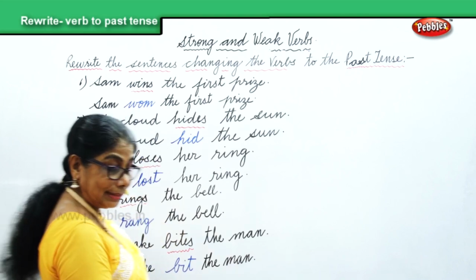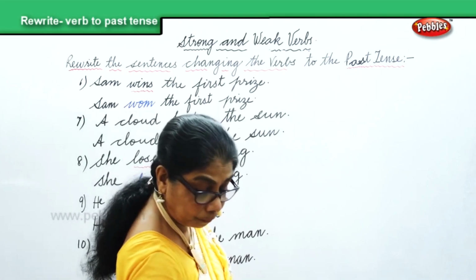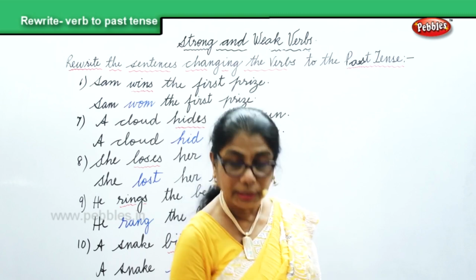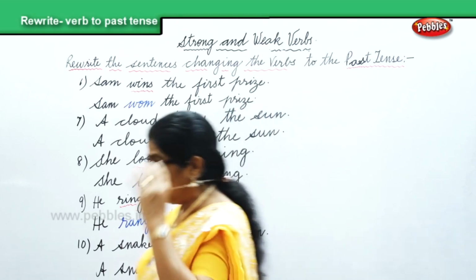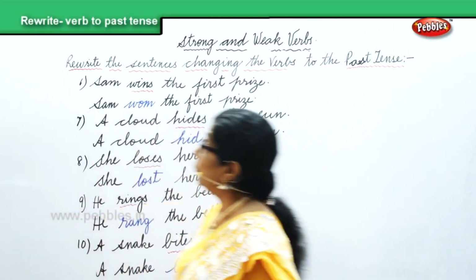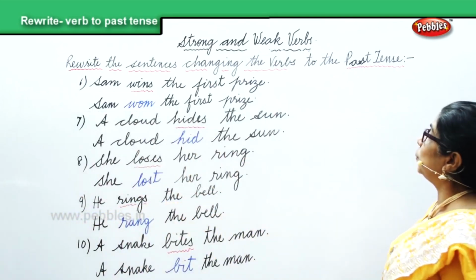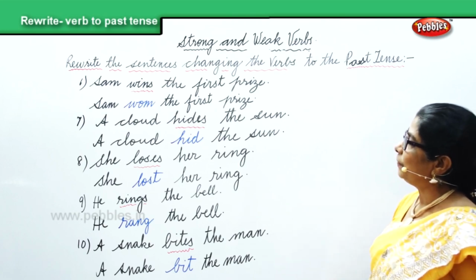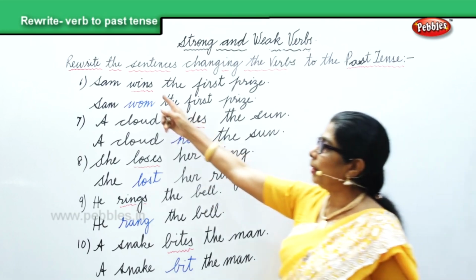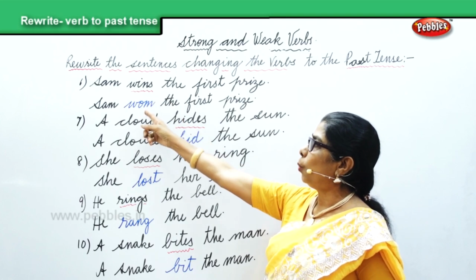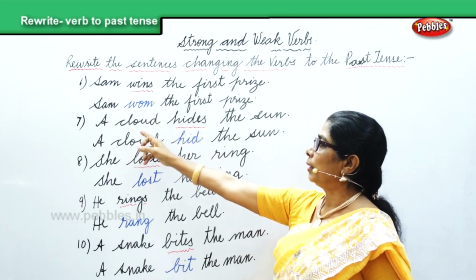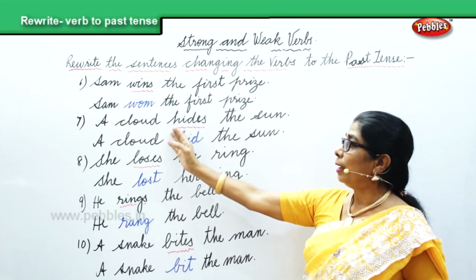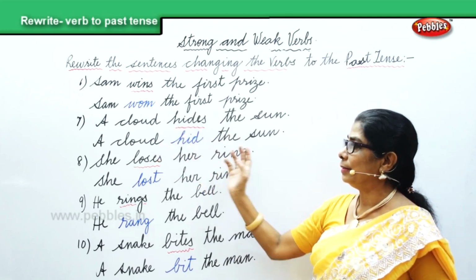Now, let's look at the sentences we have done. We have changed the present into the past, identifying the verb. That's what we have done. Now, rewrite the sentences, changing the verb to the past tense. Sam wins the first prize. Wins is the verb: won the first prize. A cloud hides the sun: a cloud hid the sun.